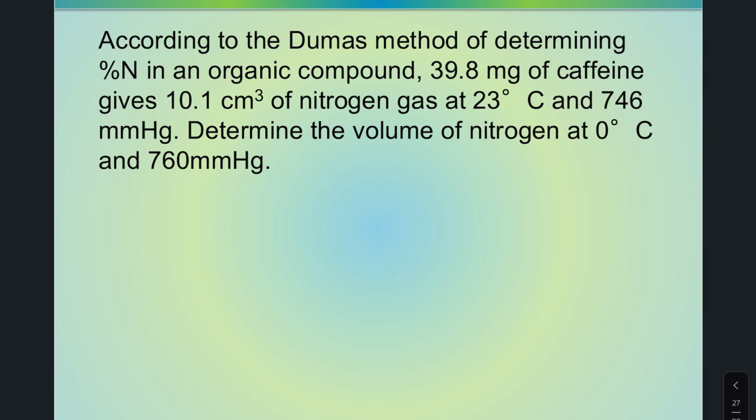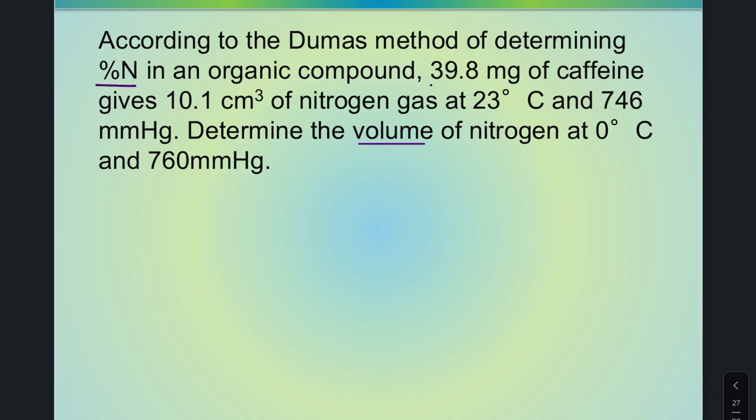Okay, so for the first problem, the Dumas method is an actual analytical technique that you can use to determine the mass of something from what you are looking at. But we do not need to do all of this work to figure it out, because the only thing we need to do is determine the volume of nitrogen. The Dumas method is going to tell you things like the amount of nitrogen that you can get out of an organic compound.